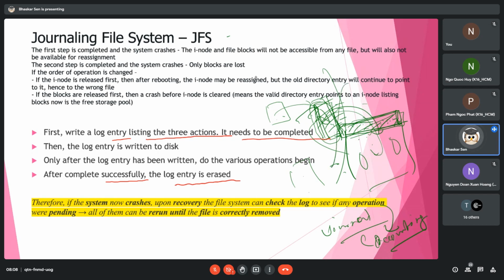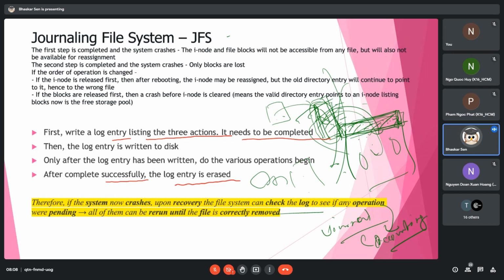If it crashes during the transfer, then you still have this information available for that particular transaction, and you can validate whether the transaction was successful or not. If it is not successful, on recovery you can rerun them to finish the entire transaction. That is what we call a journaling file system.